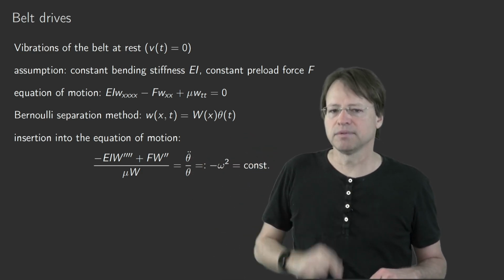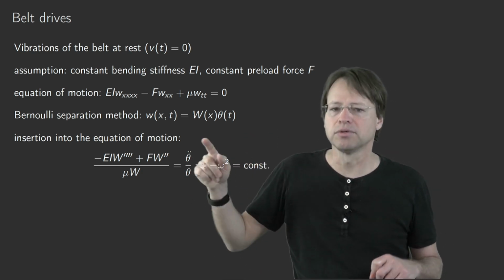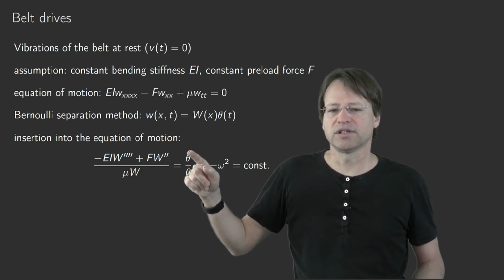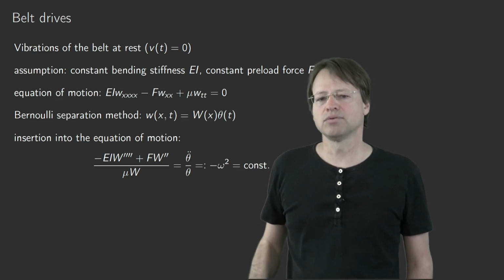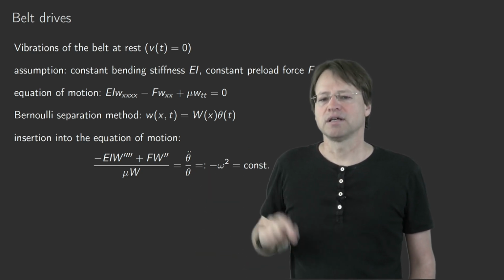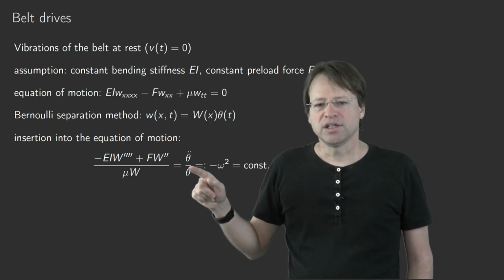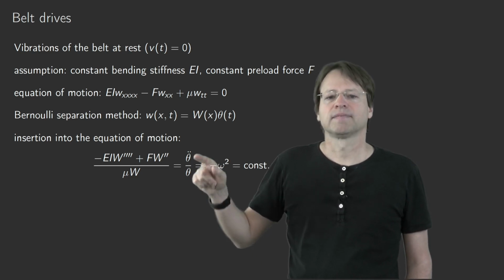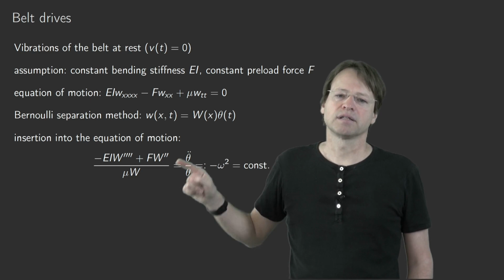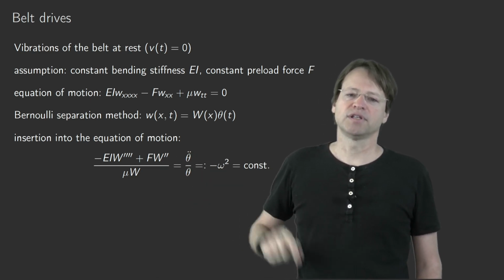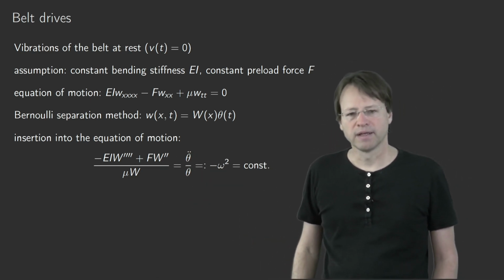You stop the time at a certain time t equal tau, so the right-hand side will be fixed to the second derivative of theta at time tau divided by theta at time tau. And as the right-hand side is fixed and there is an equality sign here, the left-hand side must be constant as well.